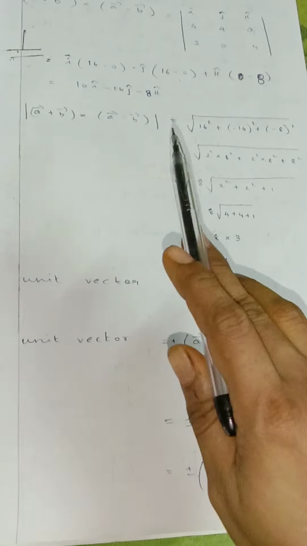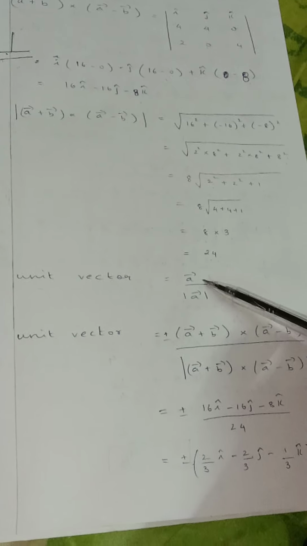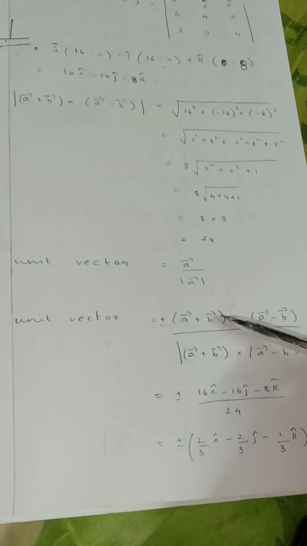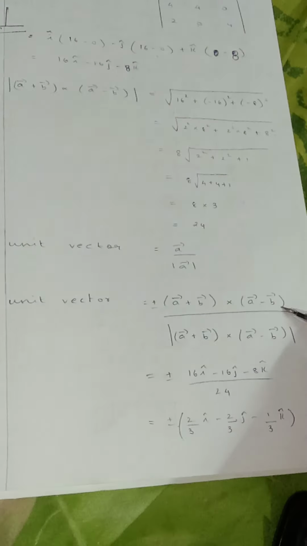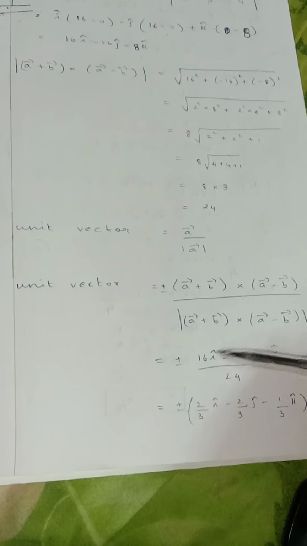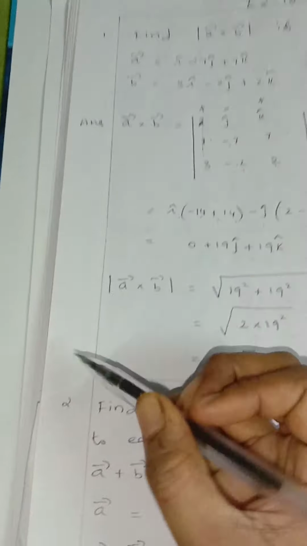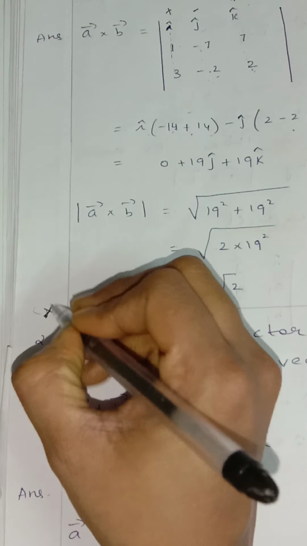This is your magnitude value. So you substitute in the unit vector formula. The vector here is a vector plus b vector cross a vector minus b vector, and the magnitude value is 24. So we have substituted this, and this is a very important 4-mark question.